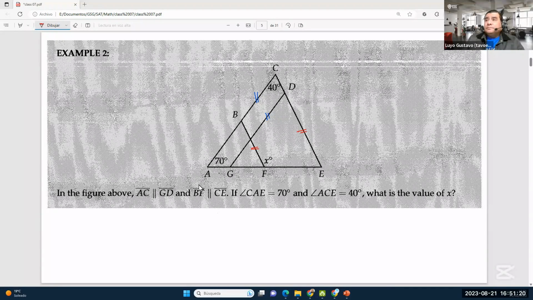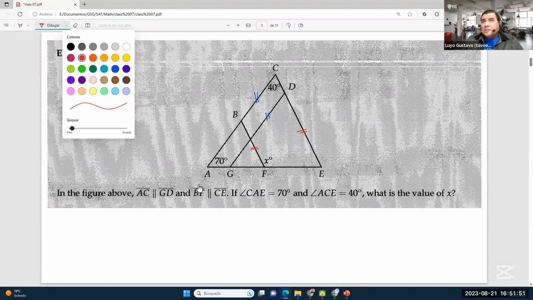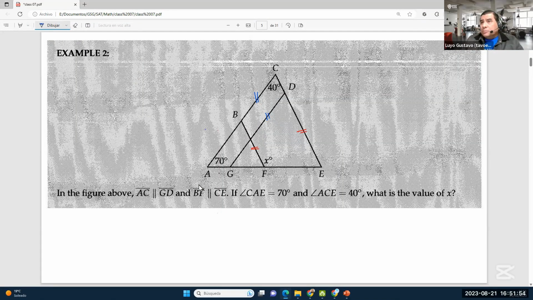First of all, consider the lines marked in blue. These two lines you can consider are intersected by the same line, which could be this, perhaps. Let me signal that in blue here, this one.